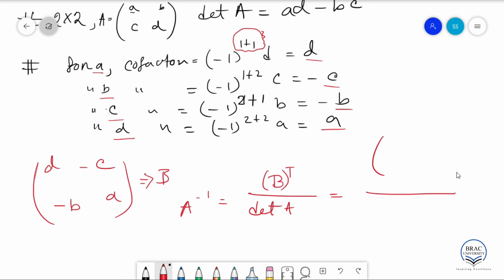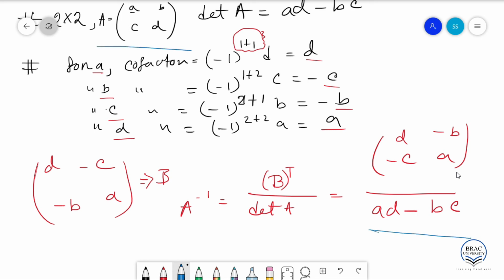If you take the transpose, this becomes d, minus c, minus b, a, and the determinant was ad minus bc. You can easily check that if I multiply this and this, the answer is 1, 0, 0, 1.